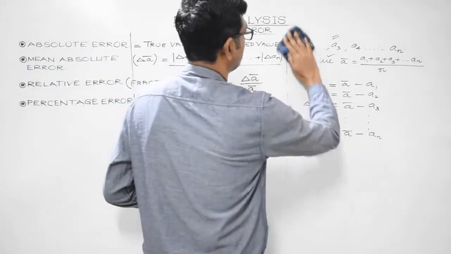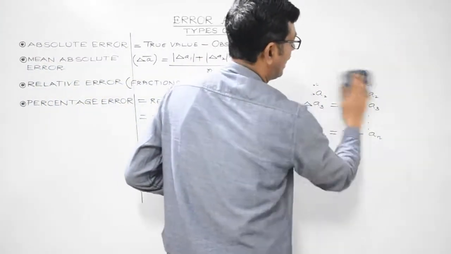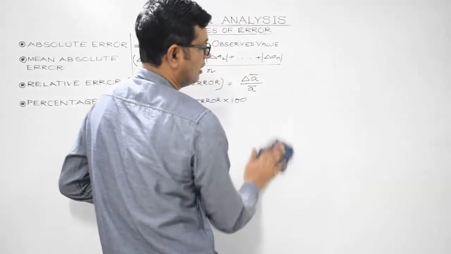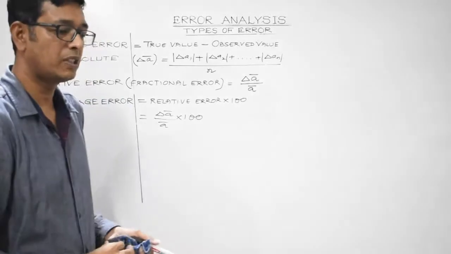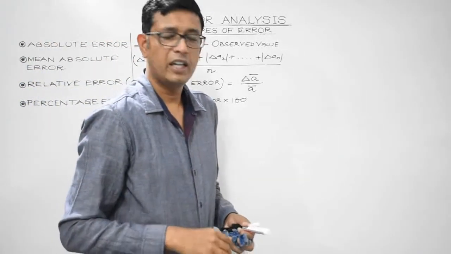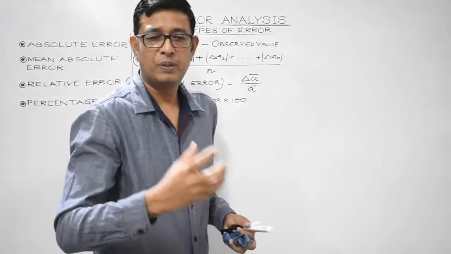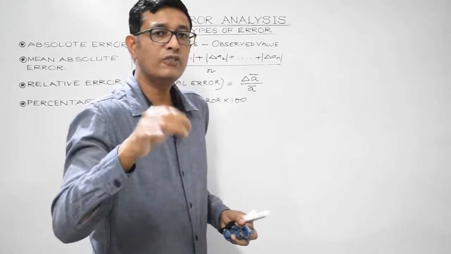You are aware of acceleration due to gravity, isn't it? It is represented by small g. In class 11, using a simple pendulum, we can easily determine the value of small g.